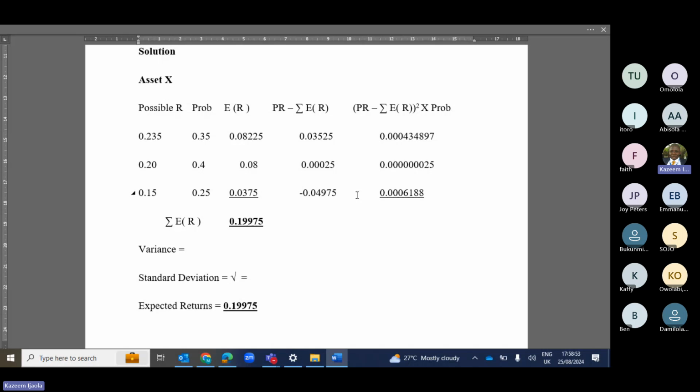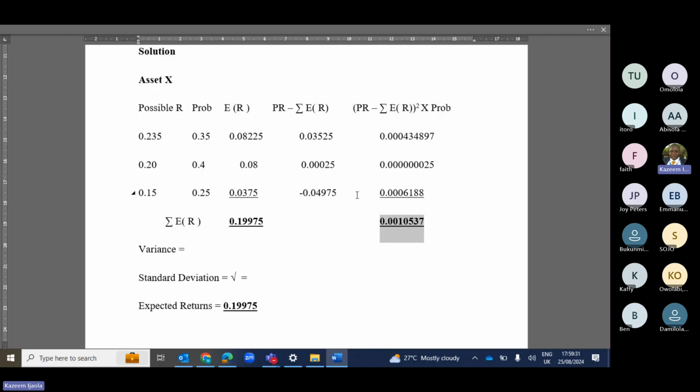So 0.123434897 plus the others. So I got 0.0010537.